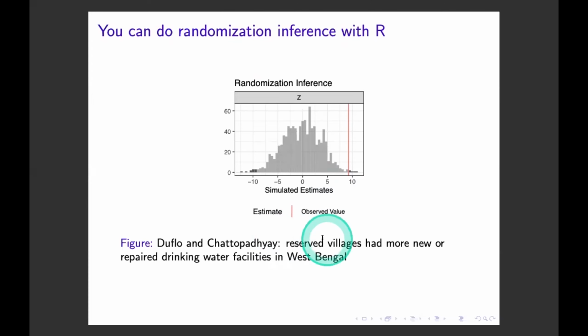But essentially what they found, Duflo and Chattopadhyay, in West Bengal, at the Gram Panchayat level, is that when certain villages were reserved for female pradhans, those villages had more new or repaired drinking water facilities compared to the control group. So whether the person heading the panchayat is a man or a woman makes a difference to the kinds of investments, or projects, that the Gram Panchayat undertakes.